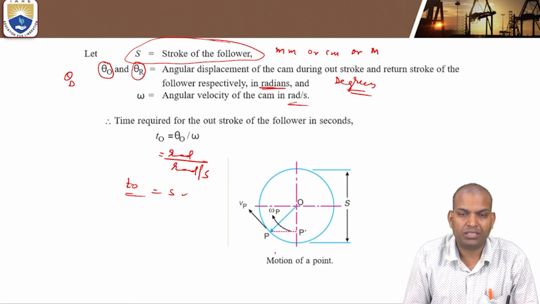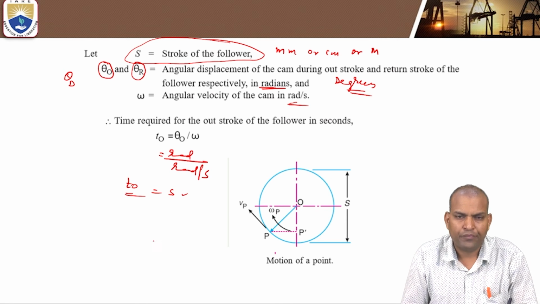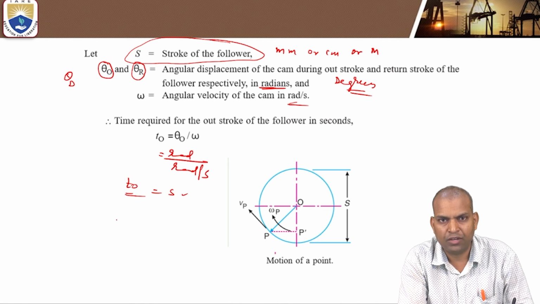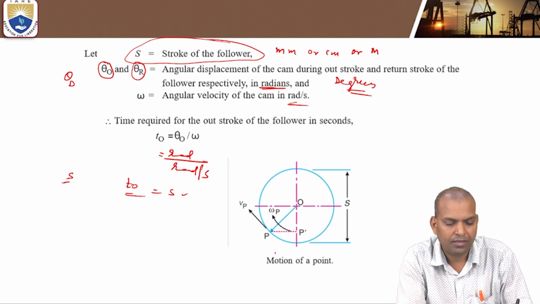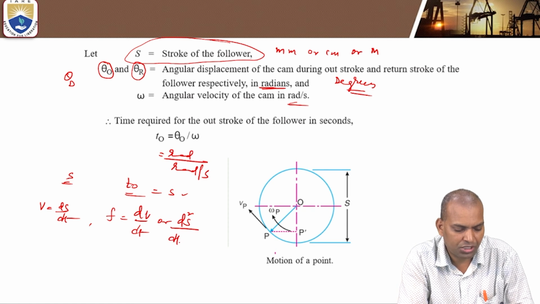Now how do we find the displacement, velocity and acceleration? We know the concept from engineering mechanics. If we know the displacement S, then the velocity is ds by dt. The acceleration is f equal to dv by dt or d square s by dt square.